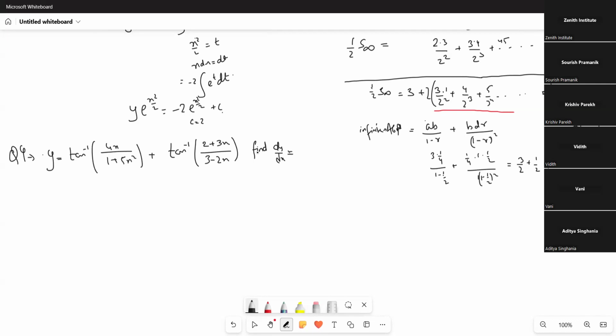If dy by dx is alpha by 1 plus beta x square, let's reframe the question this way. If dy by dx is defined as alpha by 1 plus beta x square, find the value of beta by alpha.